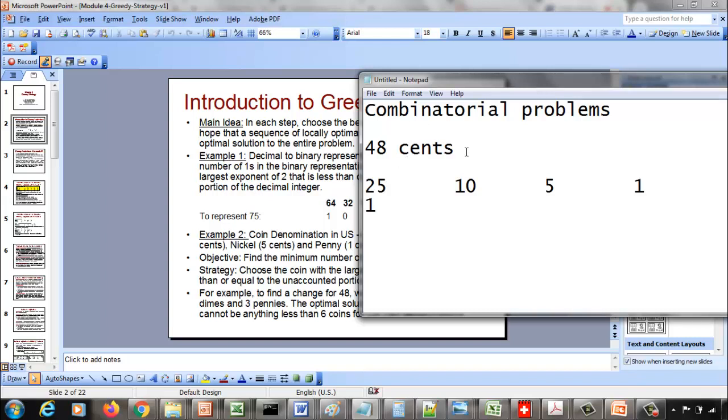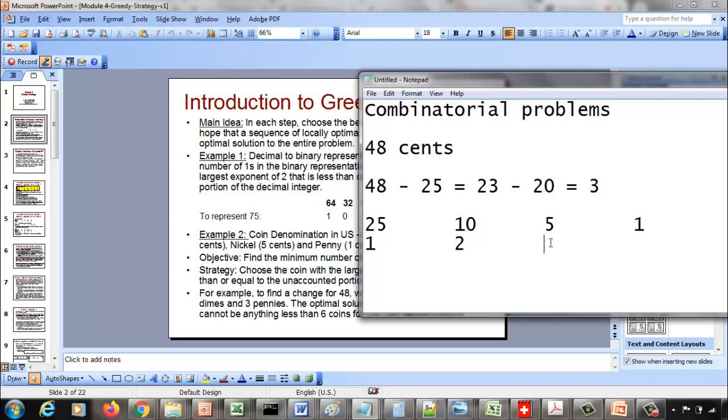The balance is now 48 minus 25, which is 23. So you have to find the number of coins needed to give 23 cents back. You cannot pick another 25, so the next choice would be to pick 1 or more 10-cent coins. You could pick 2 10-cent coins that will make up 20 cents, and the balance is 3 cents.